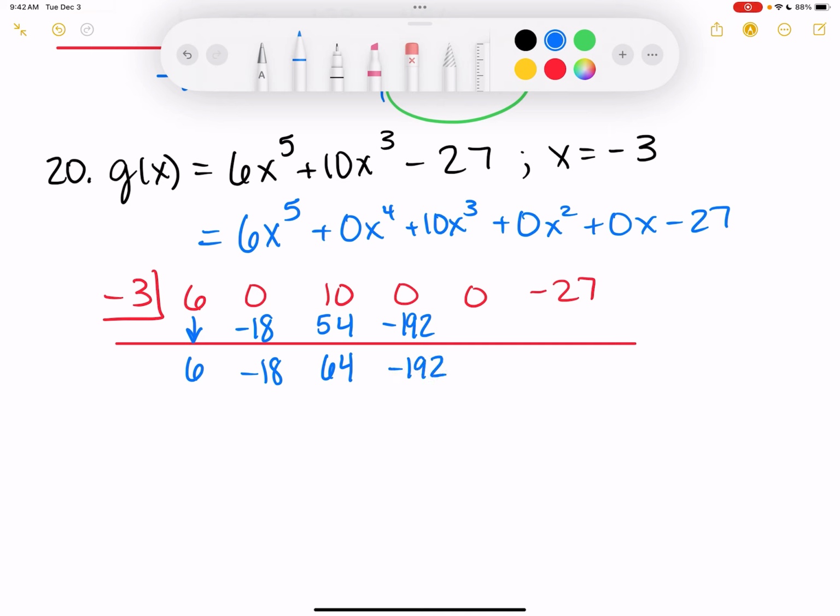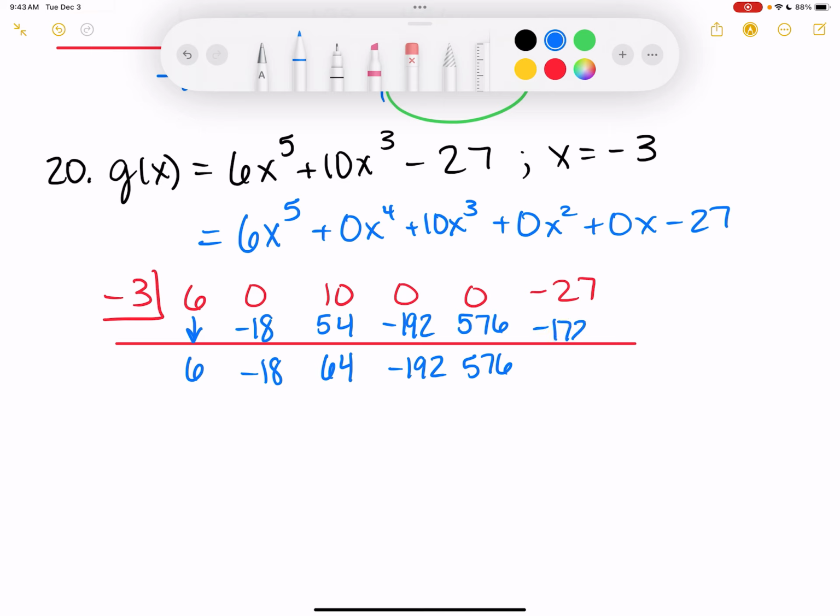Times negative 3 is positive 576. Plus 0 is 576. Times negative 3 is negative 1,728. You see now why I said it's not necessarily less multiplying.